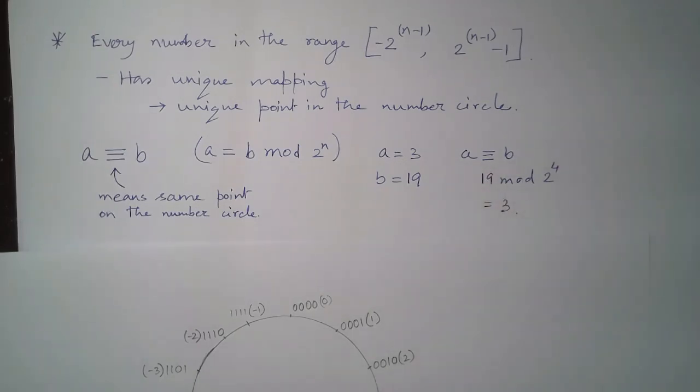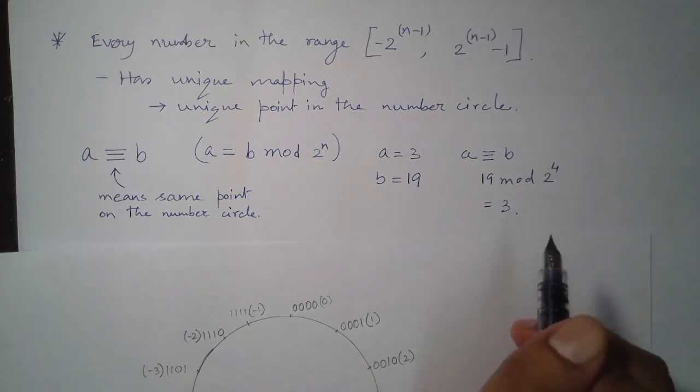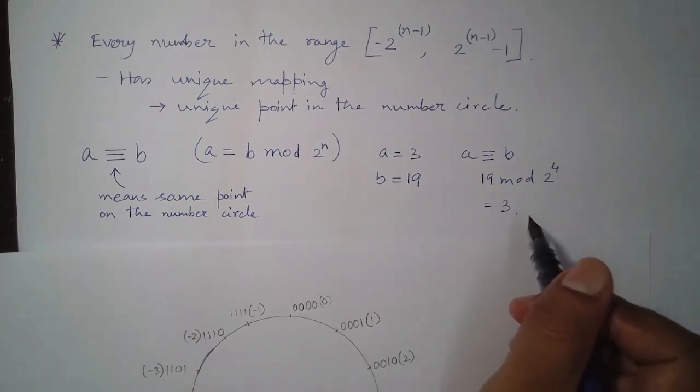That's why a is equivalent to b. They point to the same point on the number circle.